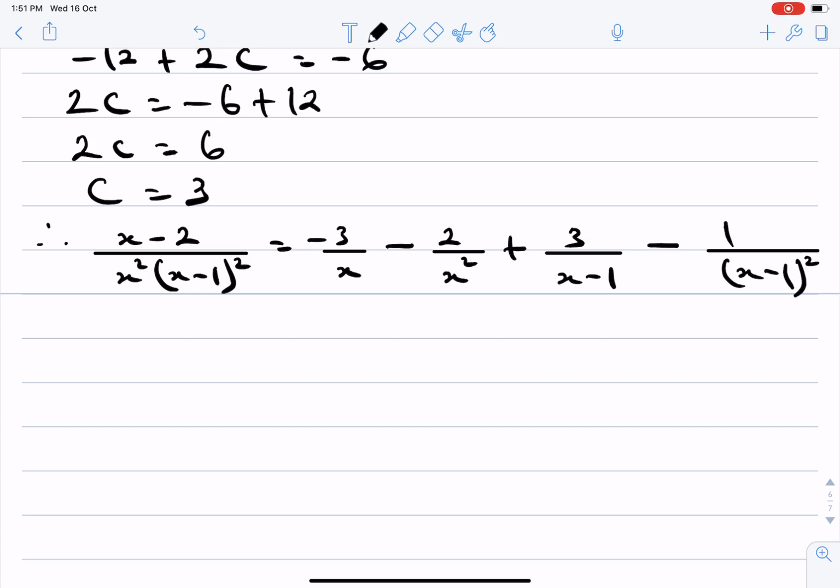So this is how simple and easy it is to resolve a fraction which has repeated factors as a denominator. It's just a piece of cake.